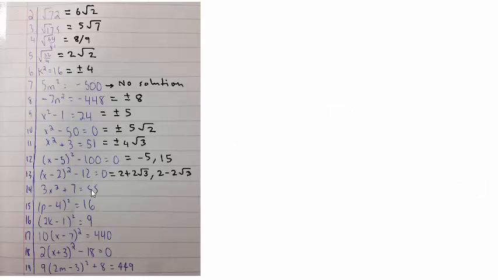Number 14, 3x squared plus 7 is equal to 55. Take the 7 on the other side by subtracting 7 from both sides. You have 3x squared is equal to 55 minus 7, which is 48.